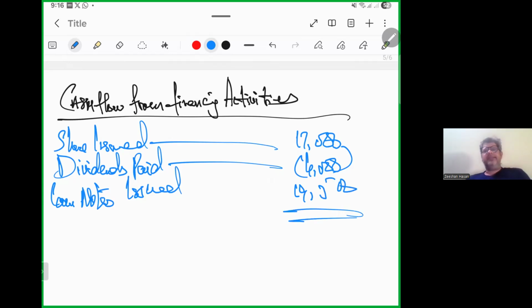So that's the solution for the Moston company, and I hope it is clear to you.